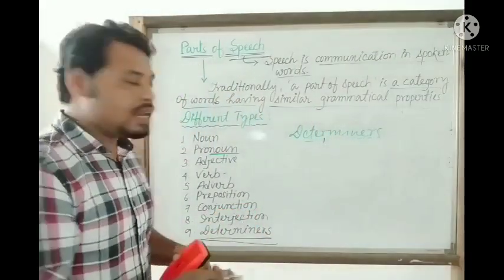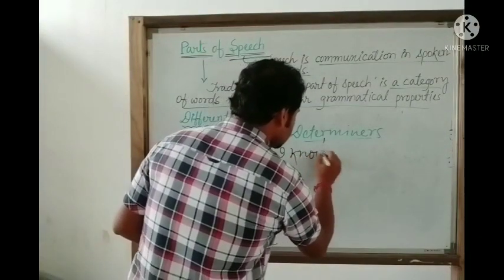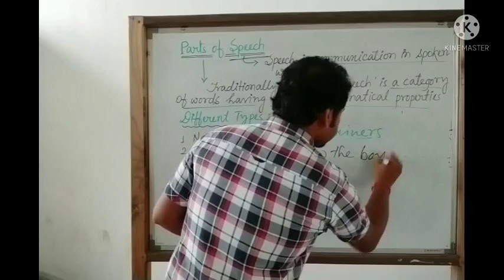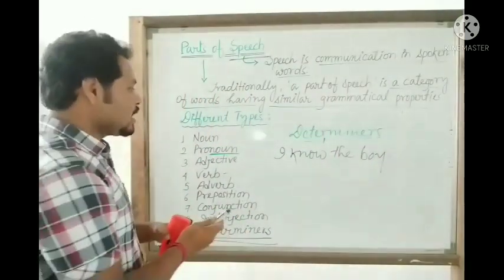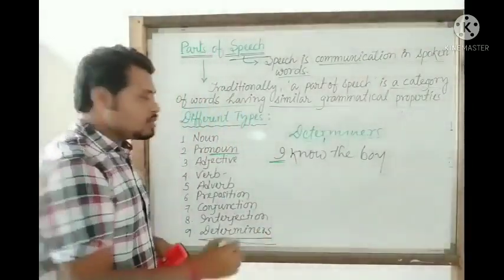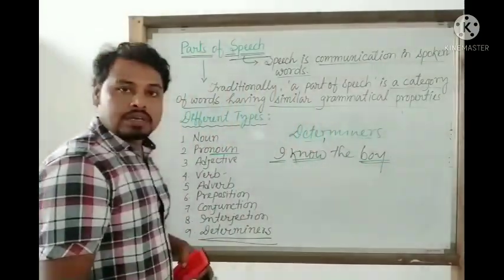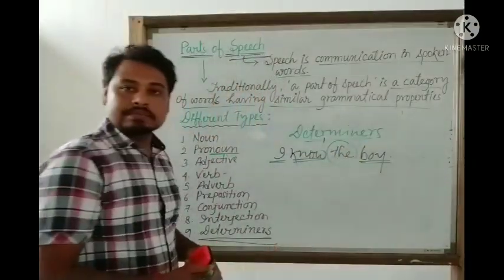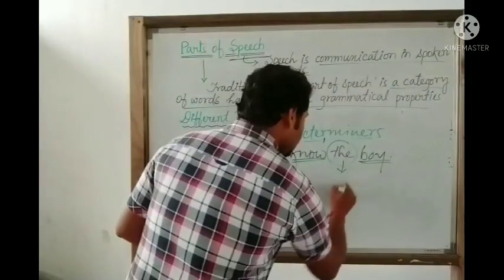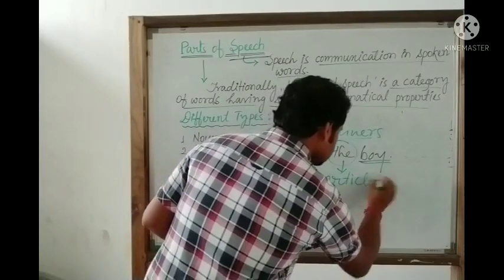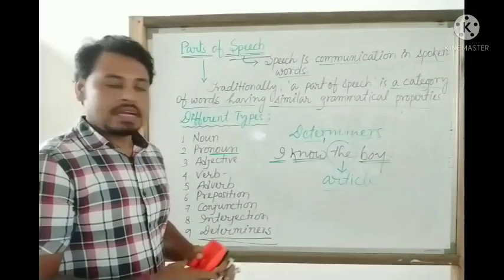Let us take an example. If I write like this, I know the boy. So here you would see I, a pronoun; know, a verb; boy, a noun. But what about this particular the? You may know that this is called an article. Now this article comes under the determiners.